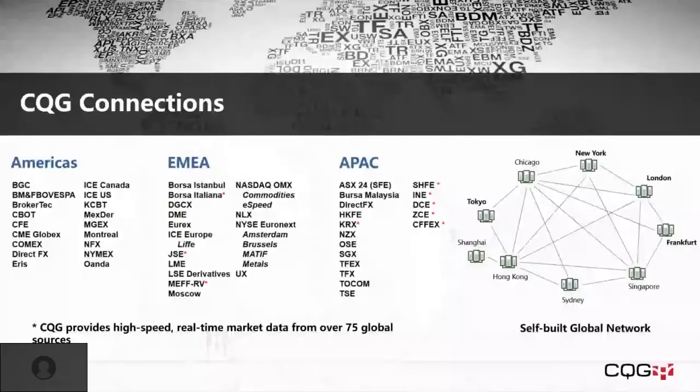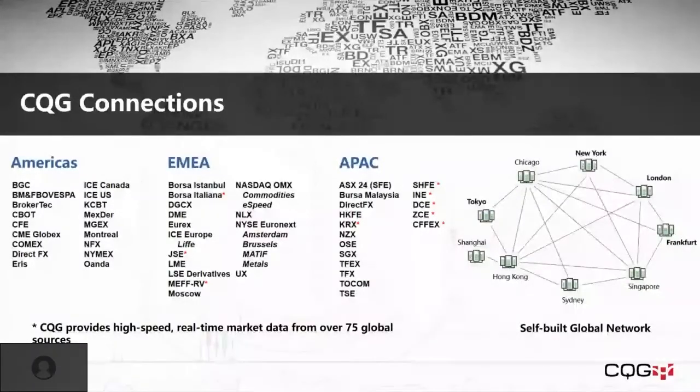What plays a big role in the arbitrage aspect is the connectivity. We offer access mainly on a direct basis. So you'll see the list of exchanges here showing the main exchanges that we have access to, as well as an indirect basis through a specific partner for the onshore Chinese market.